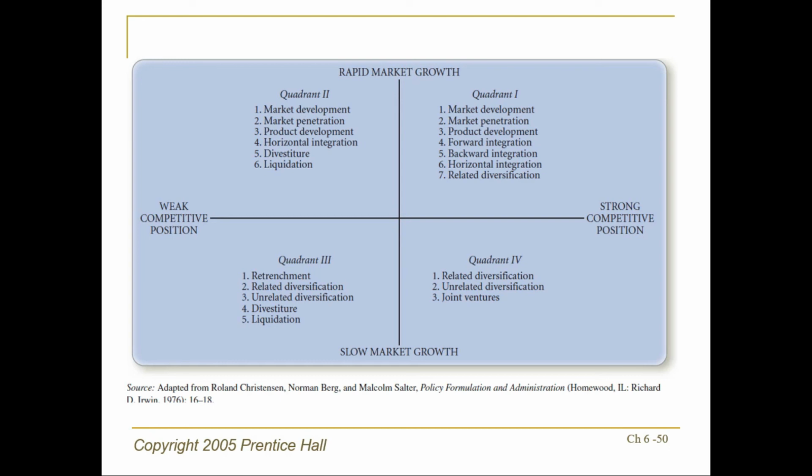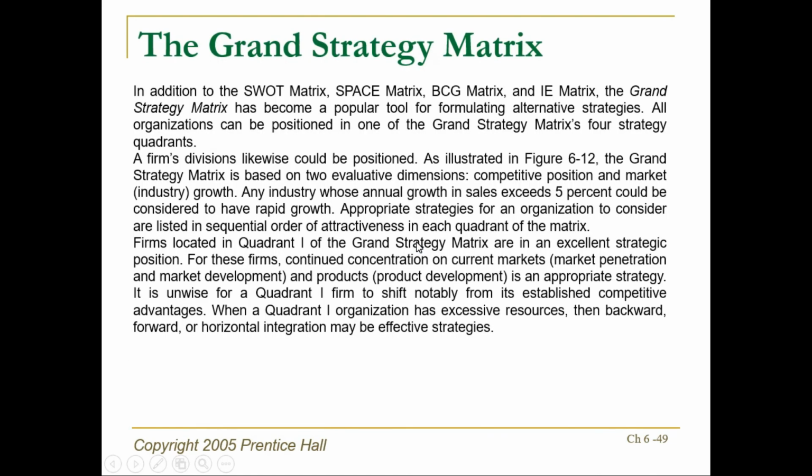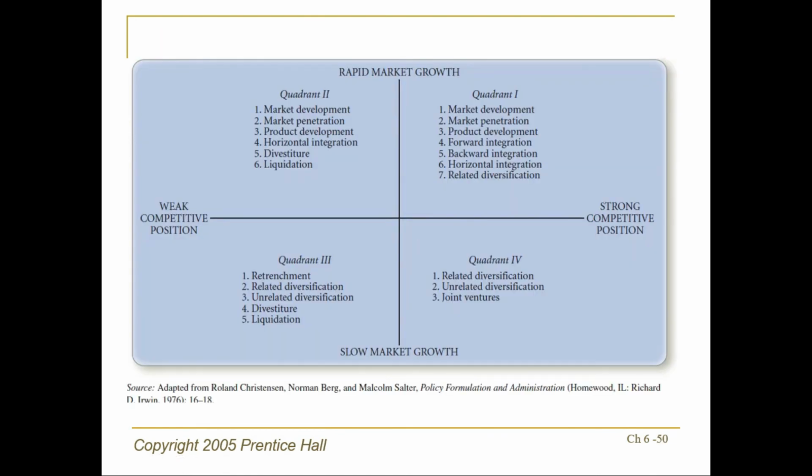If all the experts agree that the competitive position is going good, it means you are on the right side of this diagram. But if all your managers are saying that the competitive position is not good, there is something fishy in the market, so you can consider the left side of this diagram.